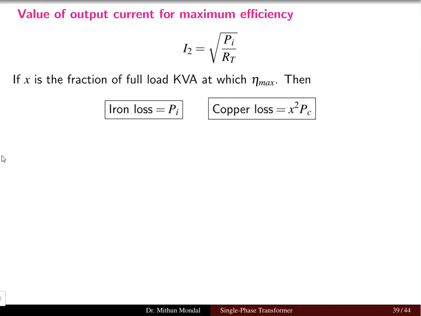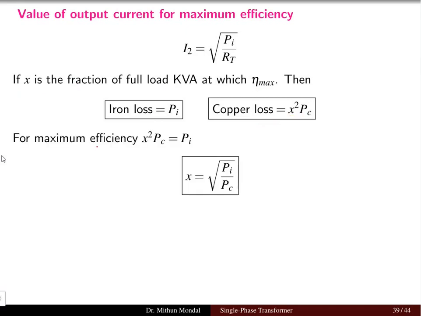If X is the fraction of the full load kVA at which the efficiency is considered, then iron loss remains constant and copper loss is equal to X square into PC. So for the maximum efficiency, iron loss is equal to copper loss, and copper loss is equal to X square PC for a particular load. Then that particular load fraction X is given by the square root of iron loss by copper loss.